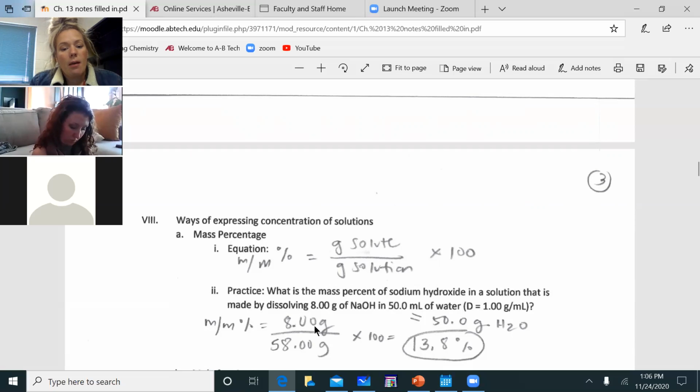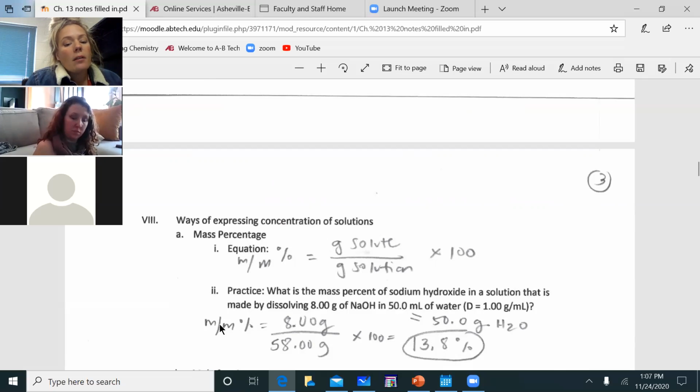So here's a good example of that. What is the mass percent of sodium hydroxide in a solution that is made by dissolving 8 grams of NaOH in 50 milliliters of water? It says the density of water is 1 gram per milliliter. So if we know the milliliters, it's really easy to get the grams, right? 50 milliliters of water is the same thing as 50 grams of water.